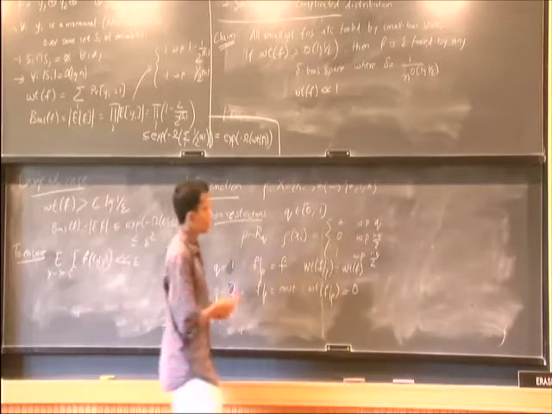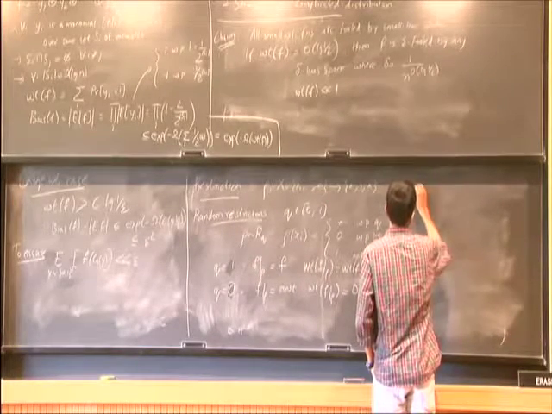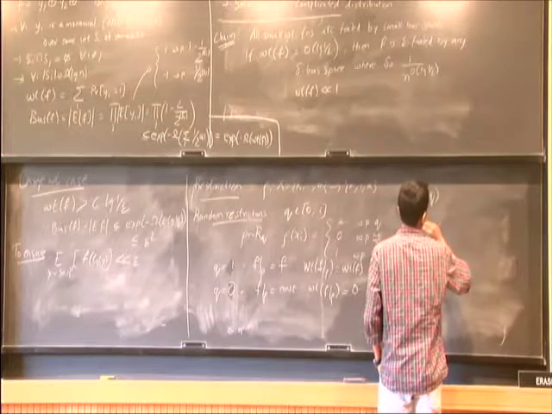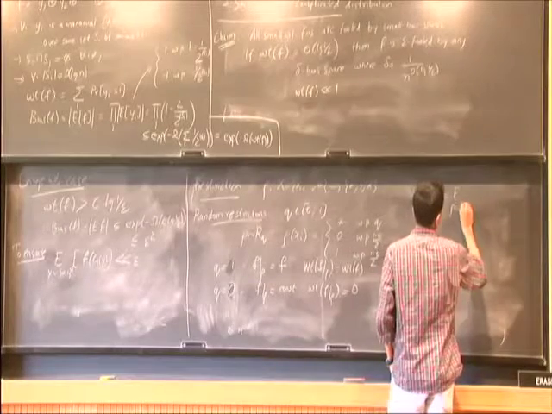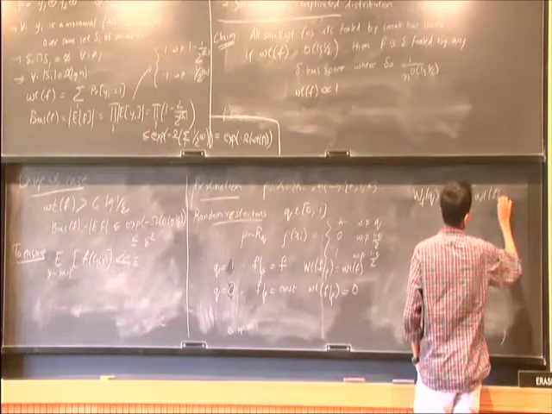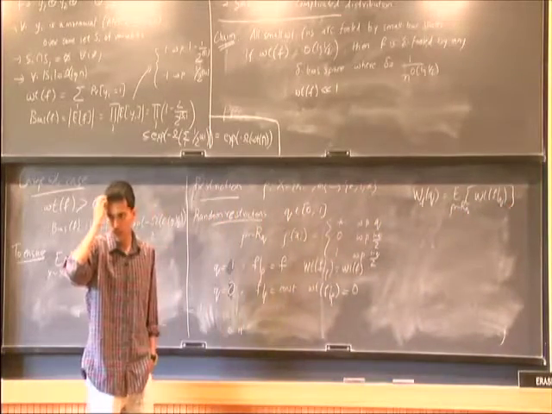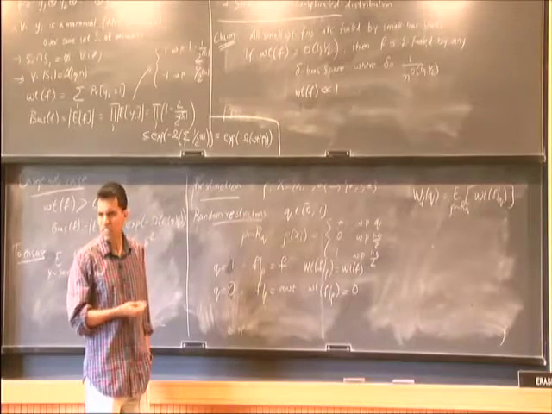So to that effect, let me define this kind of simple function. This is a function that maps q to a real number. So let's just calculate this function brute force.